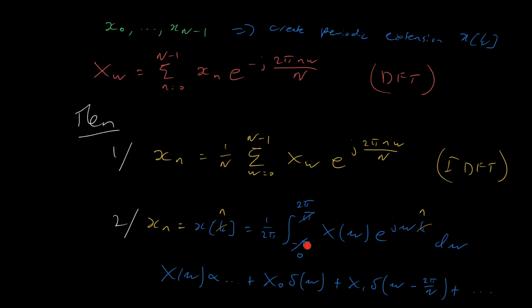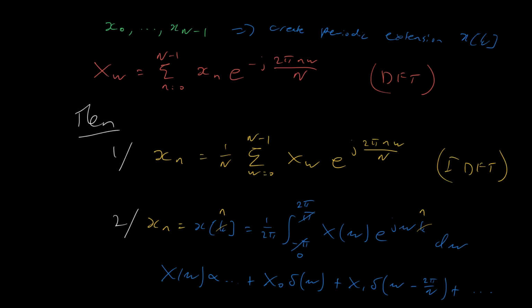Originally they are from minus pi to pi, we can change them to 0 to 2 pi without affecting the representation. So if we change the limits to 0 to 2 pi, and substitute in this pulse train of Dirac impulses, this integral becomes this summation, showing that indeed the discrete Fourier transform calculates the same spectrum that we would get had we extended our original signal periodically and taken the discrete time Fourier transform.